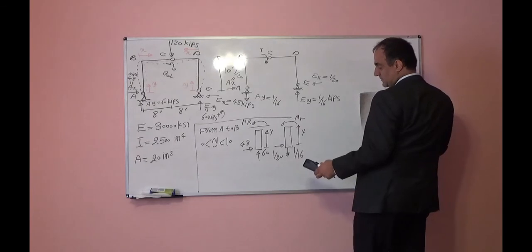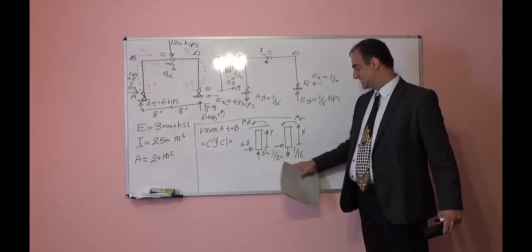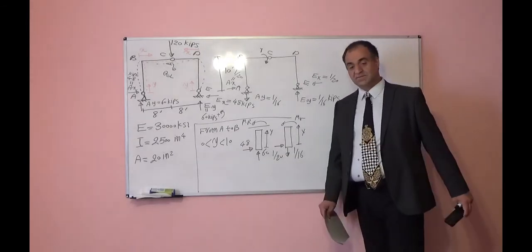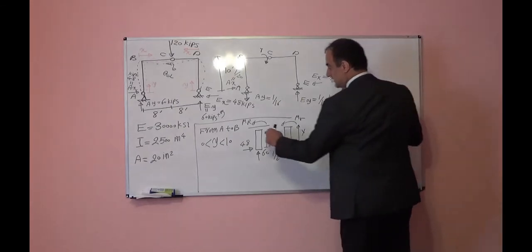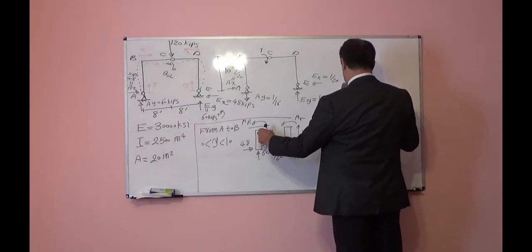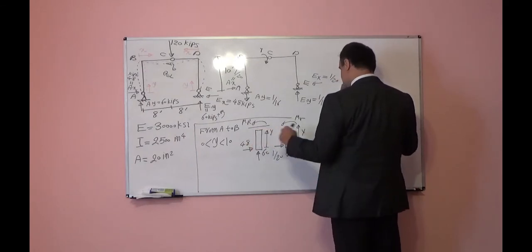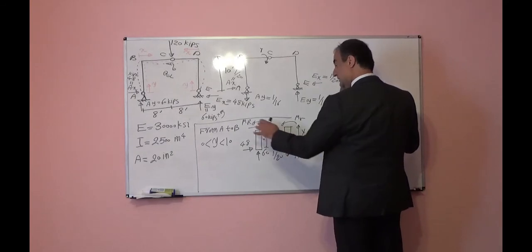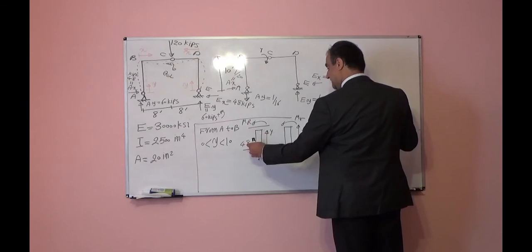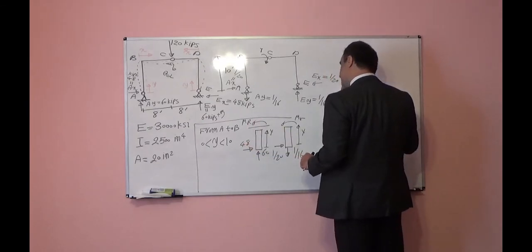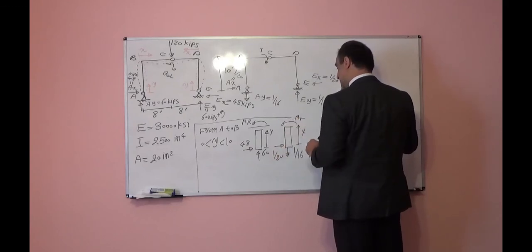So in this free body diagram here, axial force on the real one is -60, on the virtual one -1/16. For real moment, if I take moment with respect to here, MR will be minus 48 times Y, and MV will be 1/20 times Y negative.